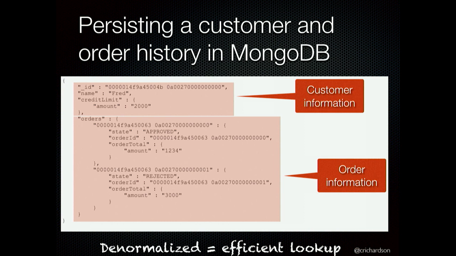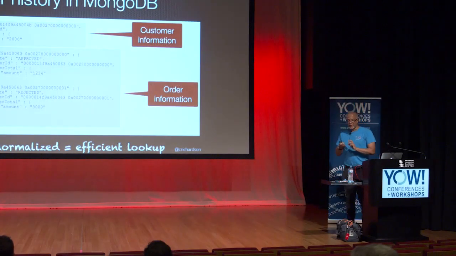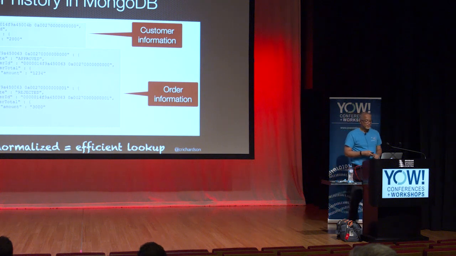The order information is kept up to date by subscribing to the order events. And the nice thing about this is that Mongo is storing what is in essence a pre-joined blob of JSON. So with one simple primary key query, you can retrieve all this information about a customer and their orders and return it to the client that's requesting the data. So very efficient, very scalable.